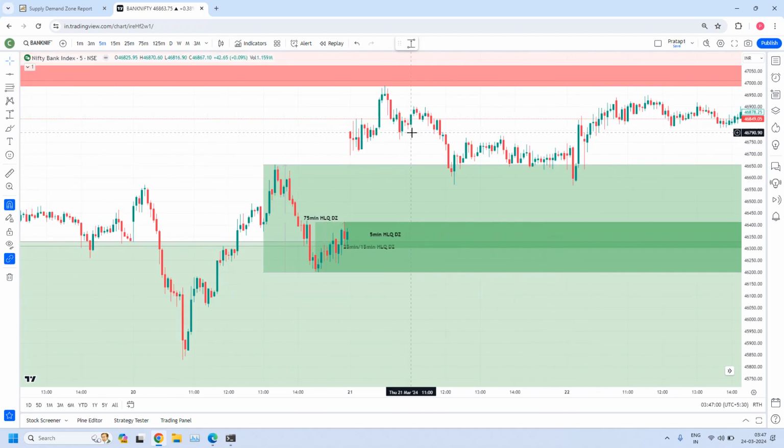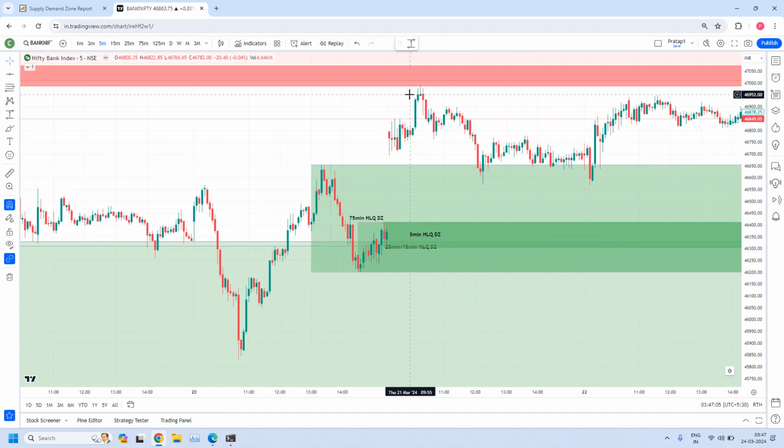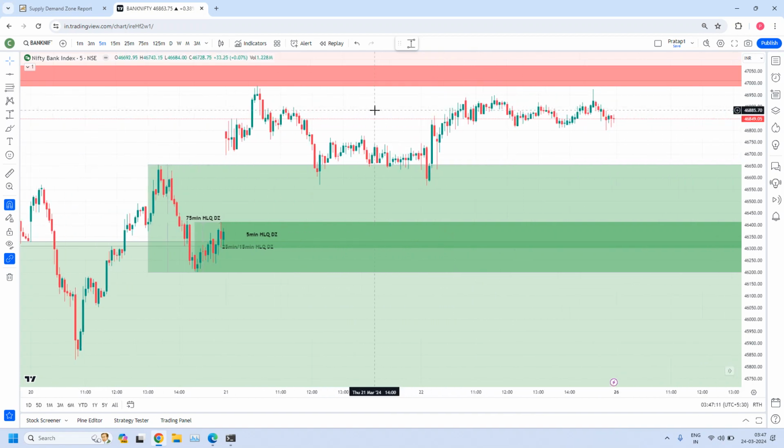So it just picked up the orders from here. When did it give a trade? Last week. Last week on Thursday, you got a trade from here and it gave a good move from this zone.